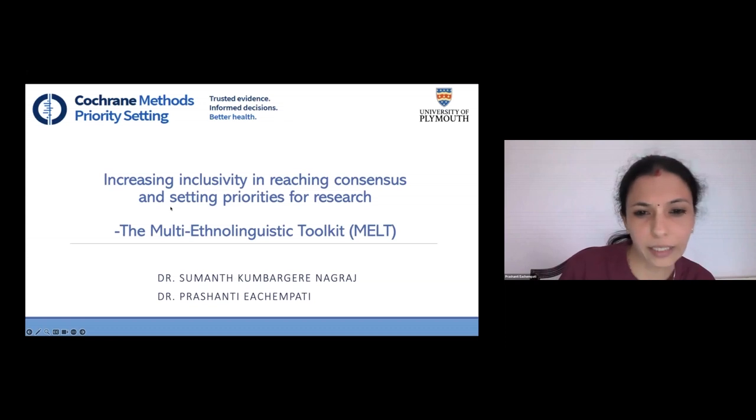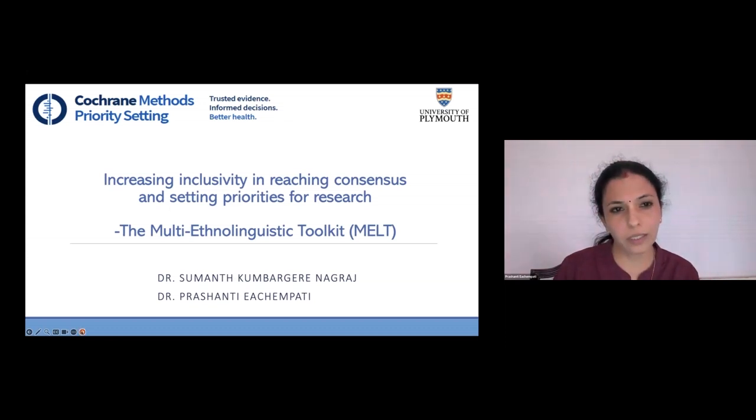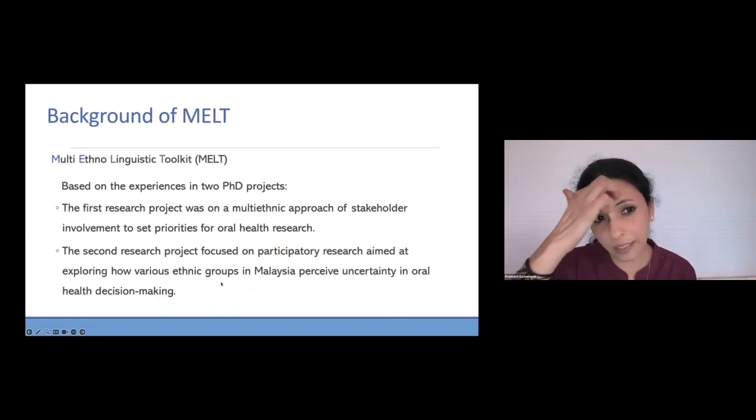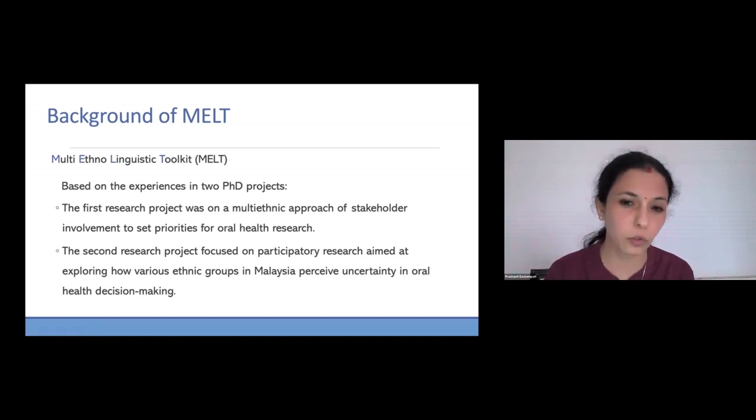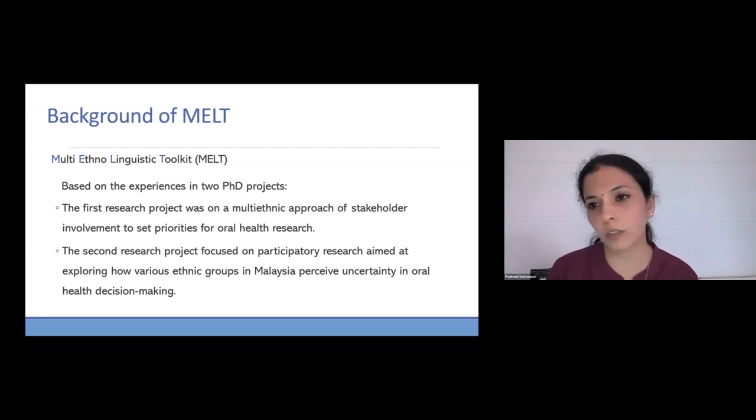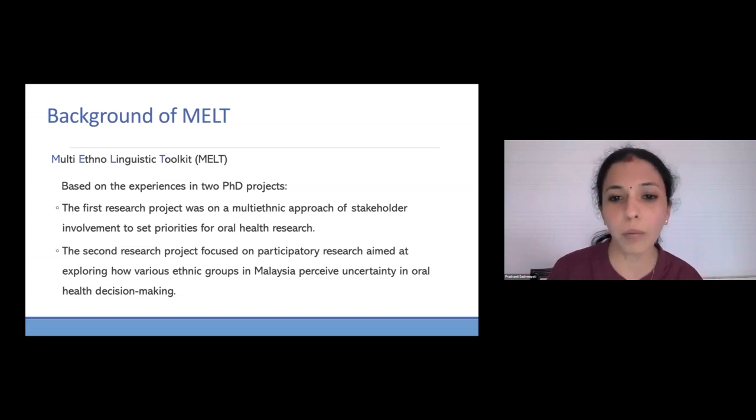So just to give you a background about the multi-ethno-linguistic toolkit, we basically developed the MELT toolkit for the researchers who want to engage with multi-ethnic and multi-linguistic groups in any research projects. And this toolkit is developed based on the experience of our research projects. As I mentioned, the first research project was on multi-ethnic approach of stakeholder involvement to set priorities for oral health research.